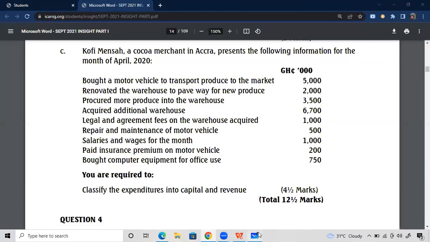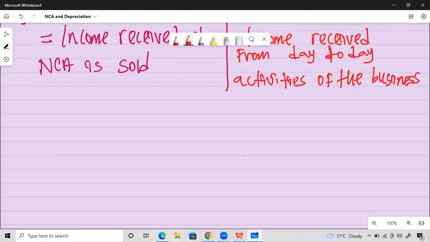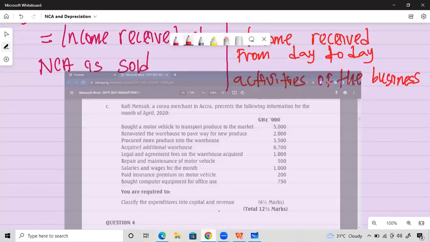Now, based on this particular question, let's solve it. You can see the requirement is very clear. It's just for you to classify it.